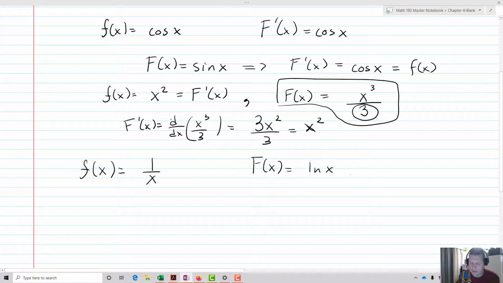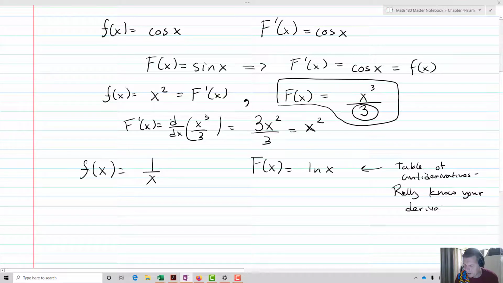So what you're going to see inside of your book is a table of antiderivatives. And what you really want to do is look at the table of antiderivatives, but this means you really need to know your derivatives. Because by knowing your derivatives, you can figure out your antiderivatives, or the patterns for antiderivatives become a lot more natural.